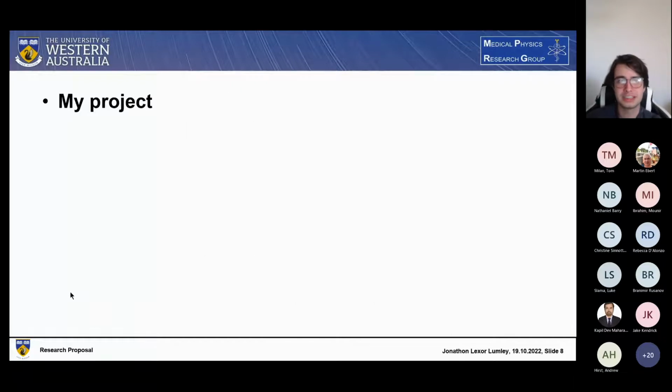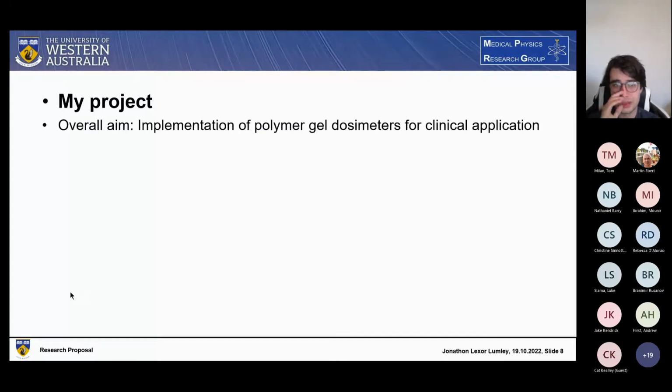My project is a continuation of a current research project conducted by Ban and Prip, where we aim to create a background to implement PG dosimeters into Sir Charles Gairdner Hospital, so they can be used for various clinical applications. This will be done through a series of objectives, which will be progressed through individually throughout the course of the project.